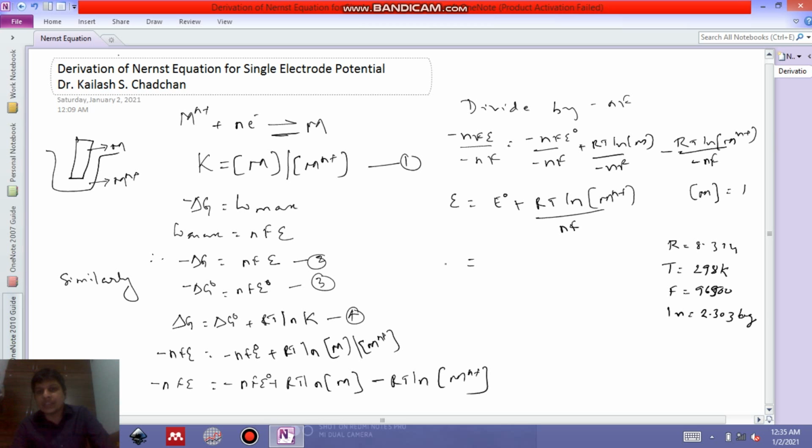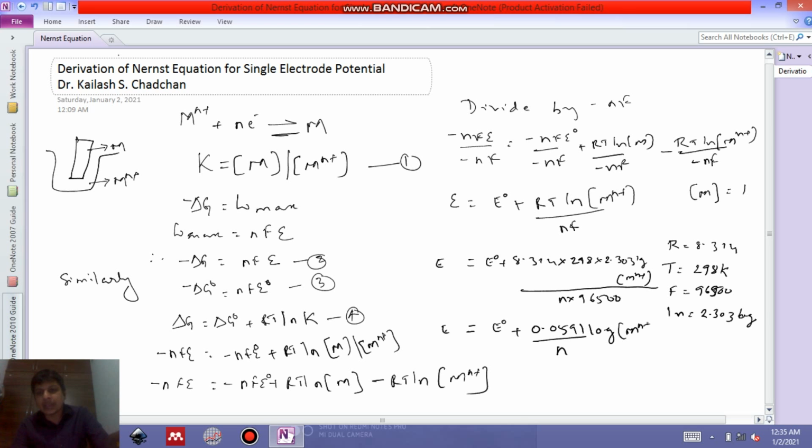So when you substitute all these values, we get E equals E naught plus 8.314 multiplied by 298 multiplied by 2.303 log of Mn+, the whole divided by n into 96,500. When you substitute all these values and multiply, we get E equals E naught plus 0.0591 by n log of concentration of Mn+.